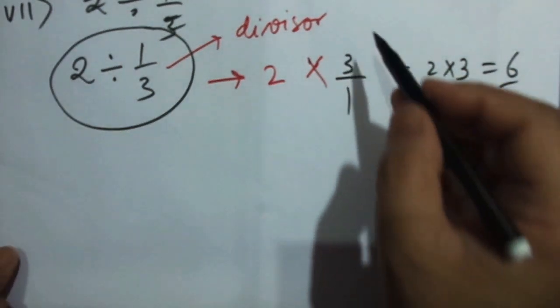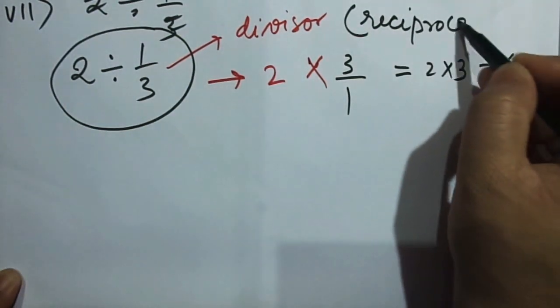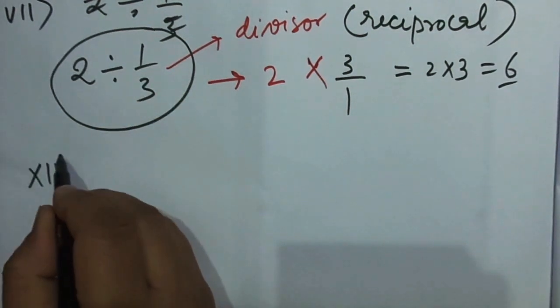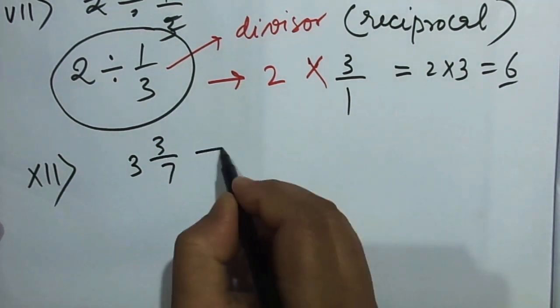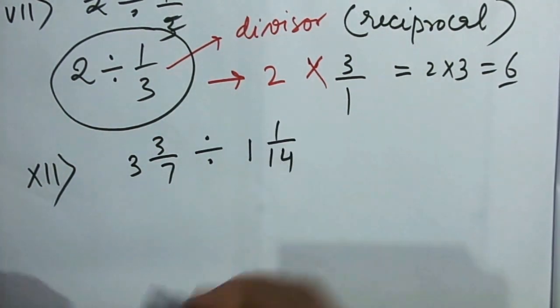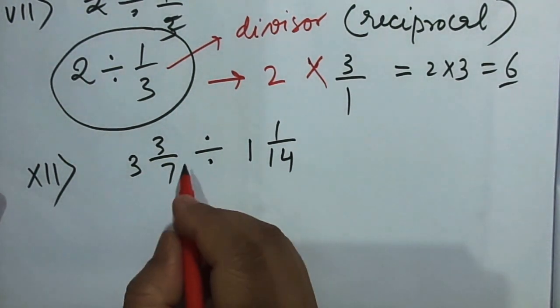Once again, reciprocal of the divisor should be done over here. We have 12, and in 12 we have 3 by 7 divided by 1 by 14. As I said, please do convert it into an improper fraction.